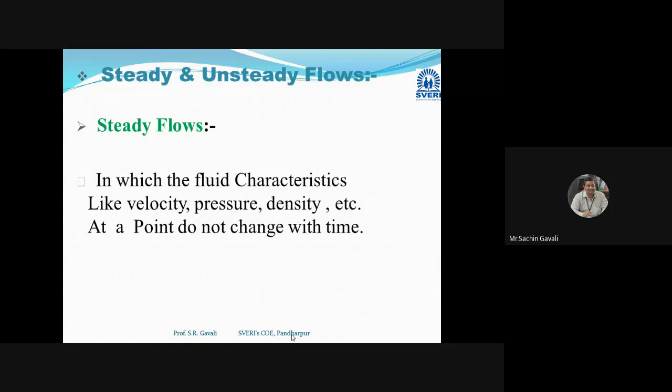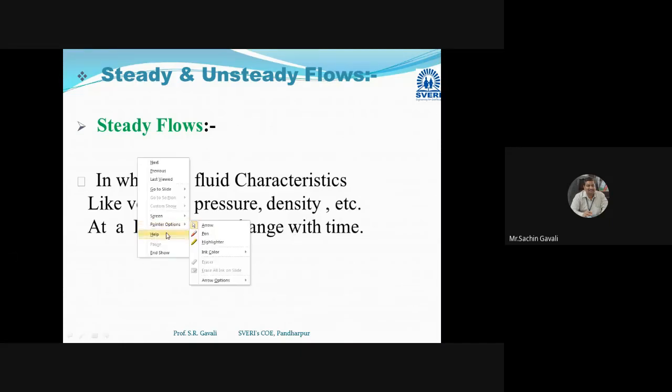If after some time, at 11:45, we again take the reading of velocity and these two readings come the same, then we say that the flow is steady. The fluid characteristics like velocity, pressure, density at a point do not change with time, meaning they remain constant.